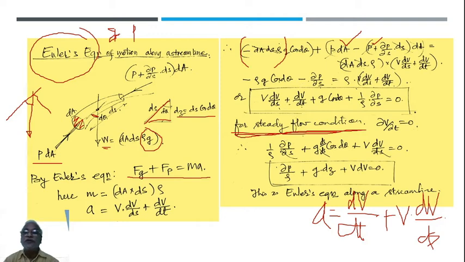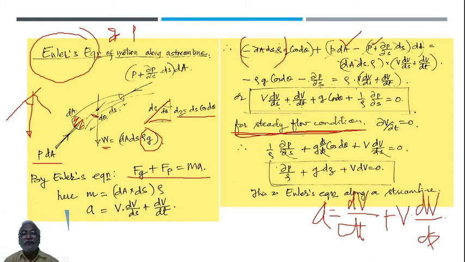So we'll be left with 1/ρ ∂P/∂S plus g into cos θ. These terms ds added up on the top and bottom for adjustment. Now plus you have V into dV/ds equal to 0. Now by adding ds above and ds below, this bottom ds can be taken off.